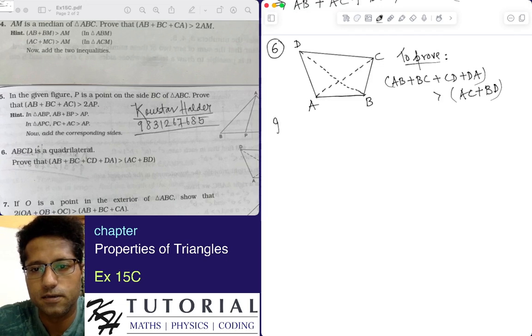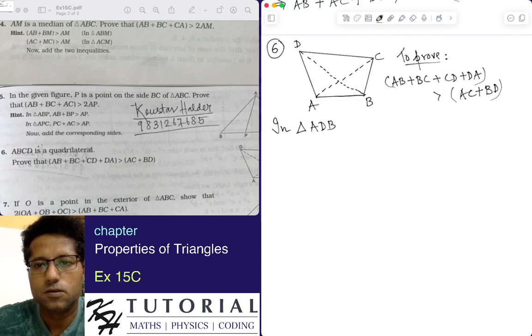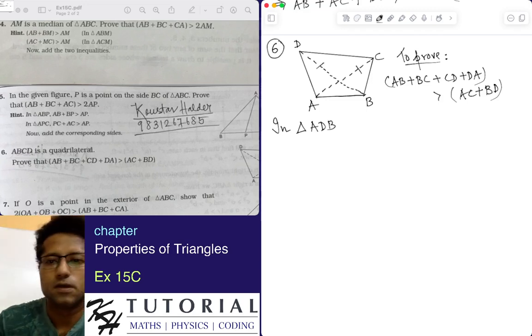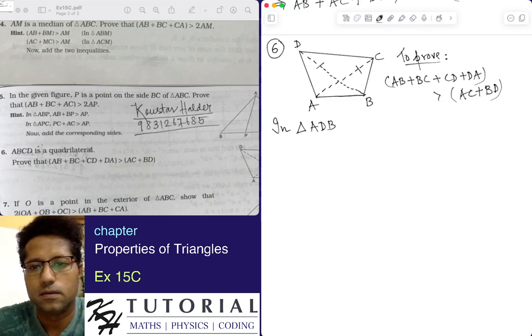we can see two triangles. In triangle ADB, these are the two diagonals, and we have the sides AD, AB, and DB.